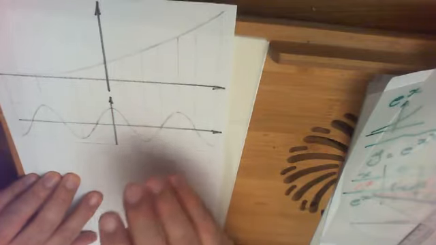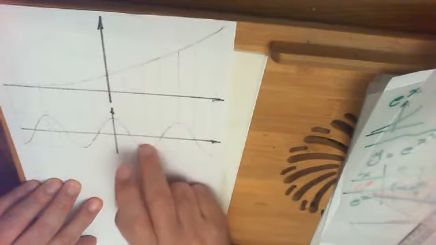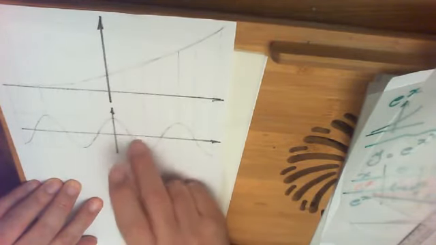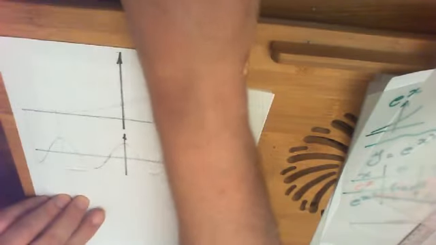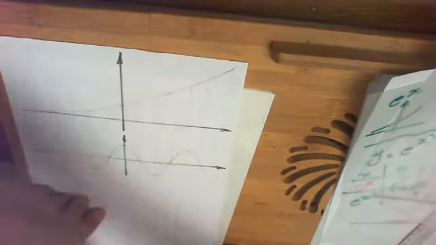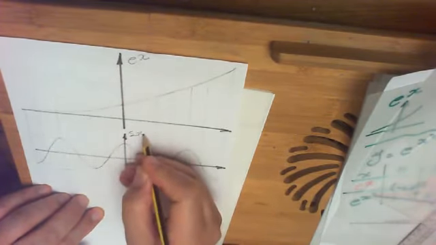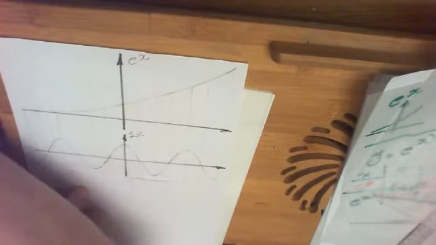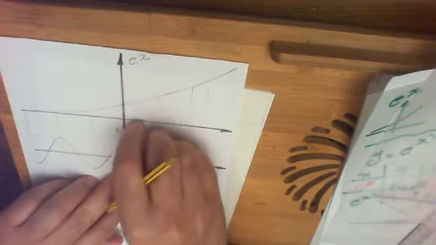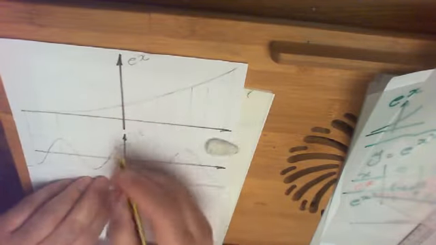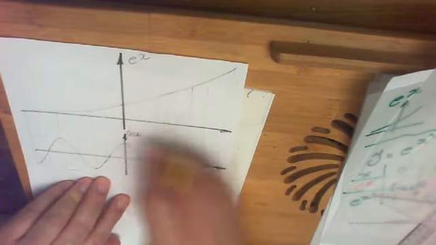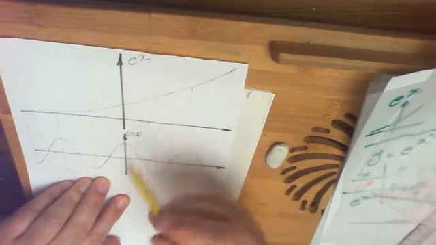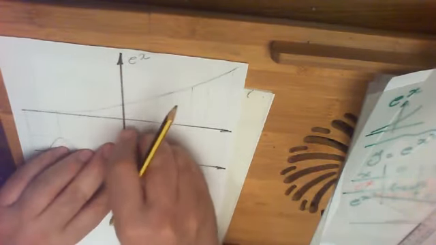So when we multiply e to x with cosine x, this is e to x, and this is cosine x.